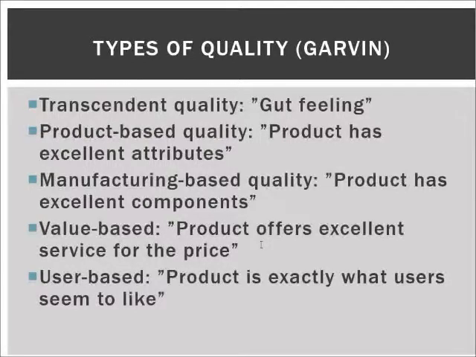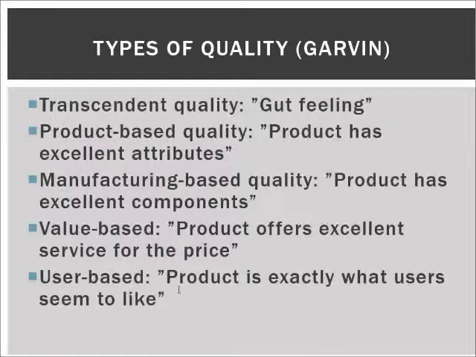On the other hand, if you put 800 euros into running shoes, you probably end up having really excellent shoes, but on the other hand, they are horribly cost inefficient, so their value-based quality isn't that good.